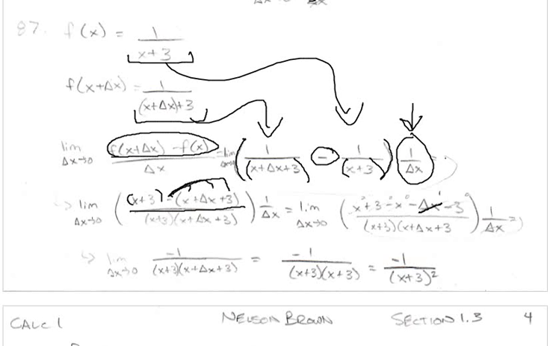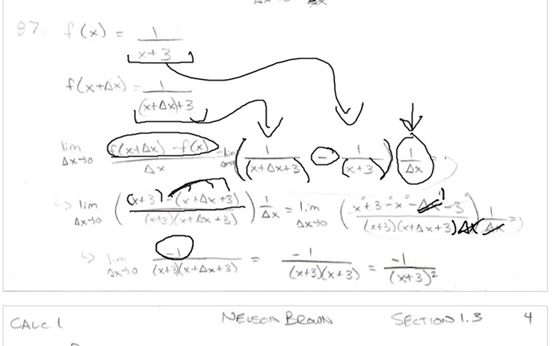Or excuse me, that will cancel with this delta x that's out here, right? If I were to multiply this 1 over delta x into this, I would have a delta x on the bottom here, and that would cancel out with this, leaving me with a negative 1 in the numerator. So I have negative 1 over x plus 3 times x plus delta x plus 3.